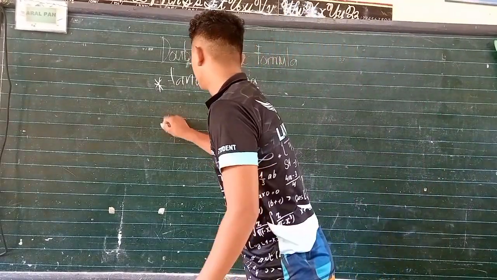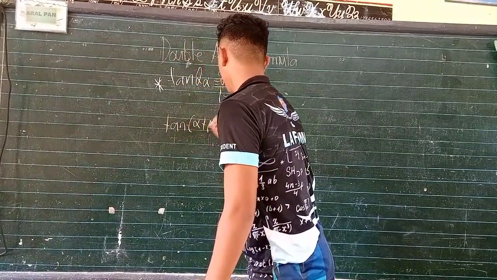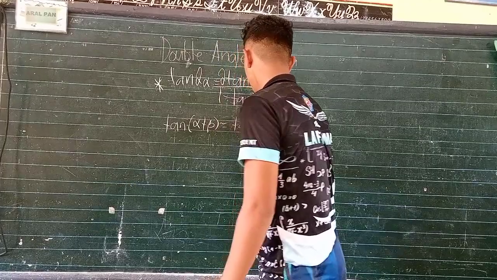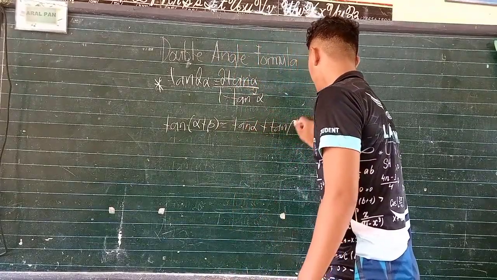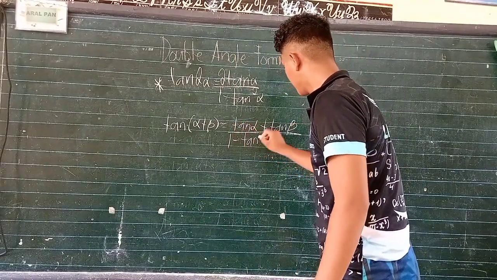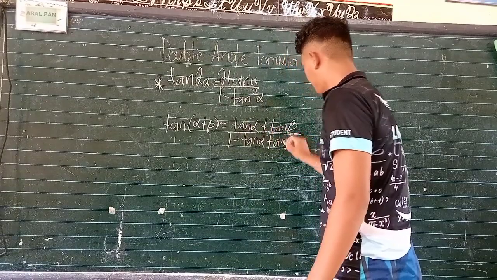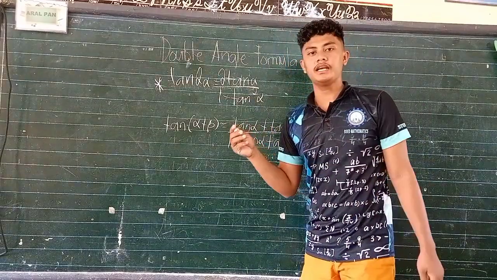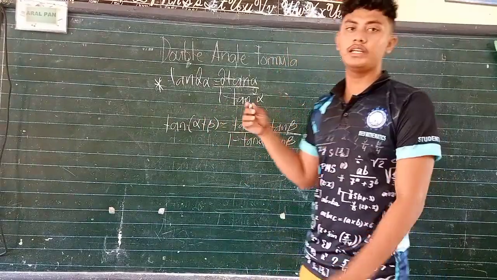So tan alpha plus beta is equal to tan alpha plus tan beta over 1 minus tan alpha tan beta. So we can replace again the beta with alpha since we are in the double angle.